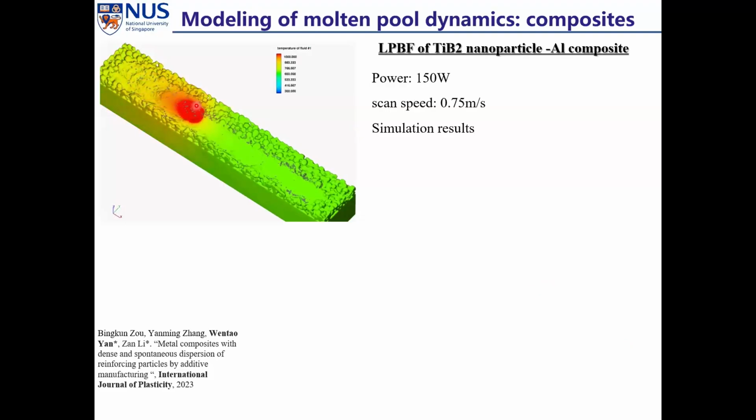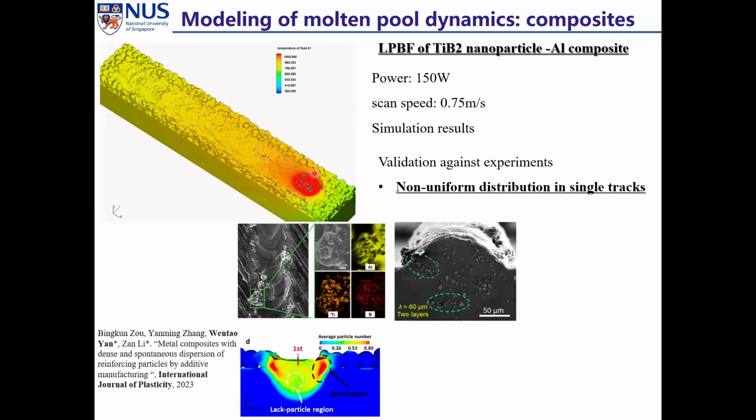Okay, so these gray particles are the clusters of nanoparticles because our model resolution cannot resolve such fine nanoparticles. But when we do this simulation, the motivation is that our collaborators do experiments and they found these nanoparticles can hardly be uniform. So we do the simulation to help them.